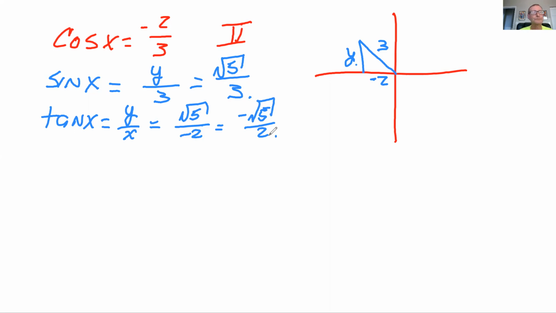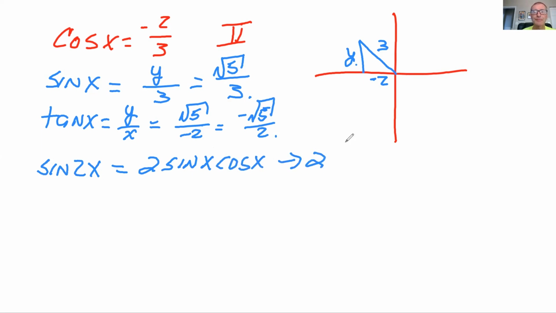So using the double angle formula, with this information we have now, what is sine of 2x? Well, if you look at our formula sheet, it would look like 2 sine of x cosine of x. And so now we just plug the numbers in, 2.